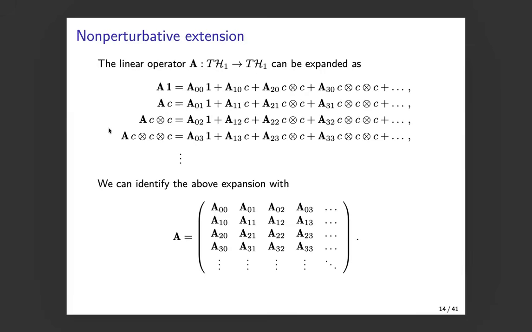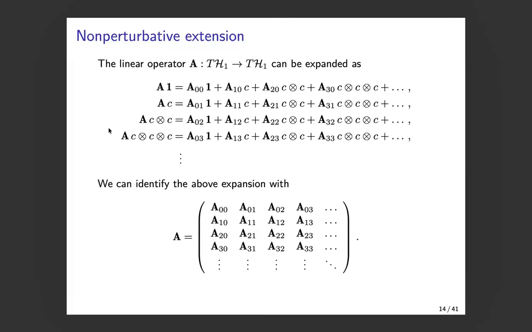So for example, let us consider A32. When we act A onto C tensor C, we write the row index 2.